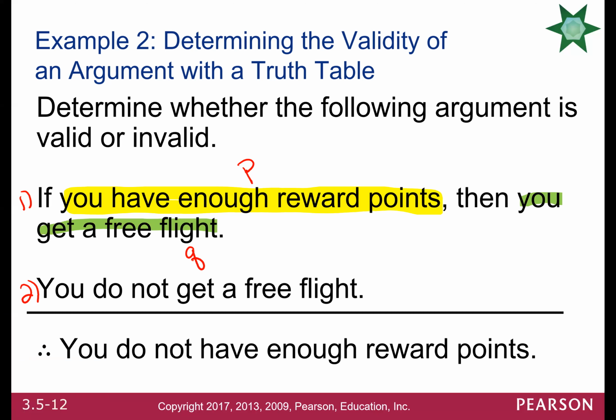So that's going to be if P, then Q. But premise 2 has a negation in it right here. It has a "not." So we are going to negate Q.